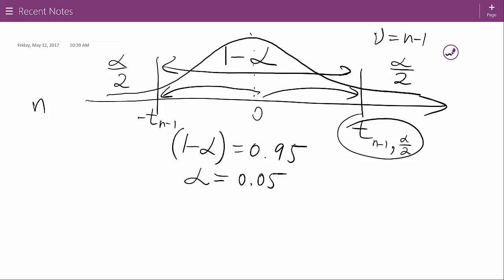On the other end, I'm going to have exactly the same value, alpha by 2 in the right tail, but with a minus sign because it's a symmetric distribution. That will give me how many standard deviations I want to go back to the left or forward to the right.